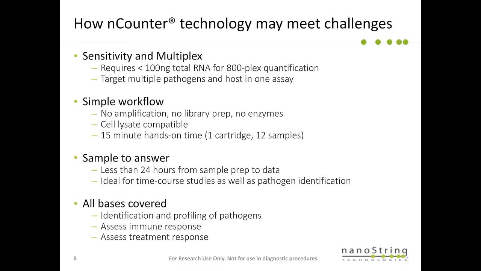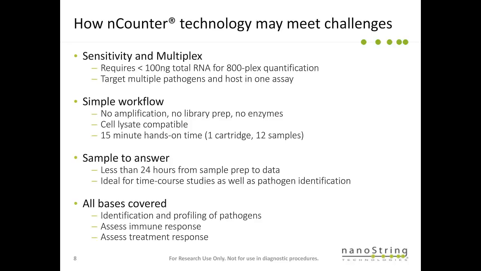So first of all, the nCounter is a sensitive platform. It requires less than 100 nanograms of total RNA for an assay with 800-plex quantification. Basically, you can study the expression level of 800 genes, and in many cases proteins, in a single assay.